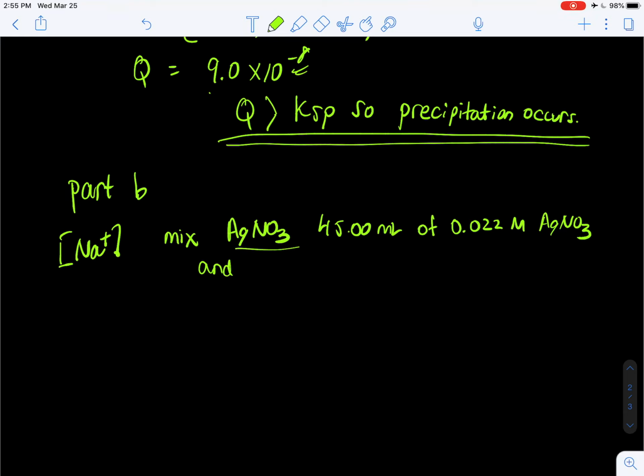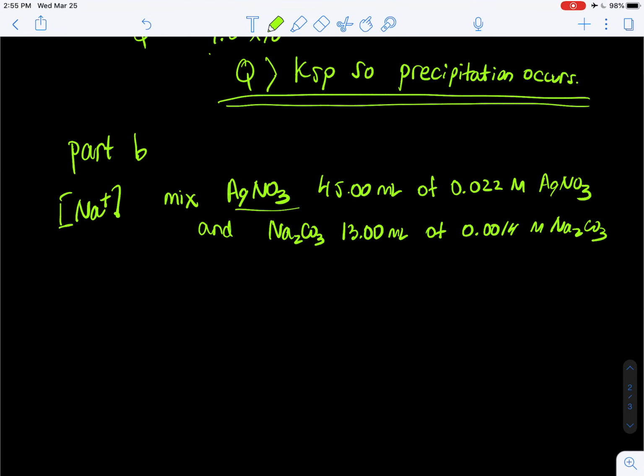And we're mixing 13.00 milliliters of 0.0014 molar sodium carbonate. Okay? And so what we do is we basically are going to just calculate the concentration of sodium from the dilution formula here.